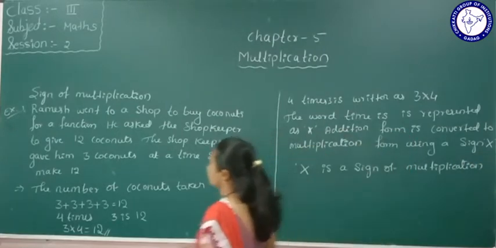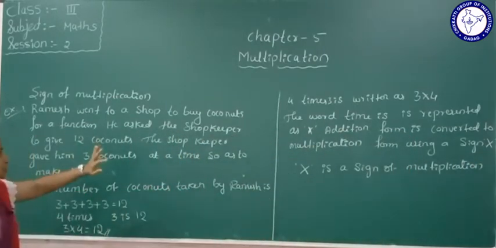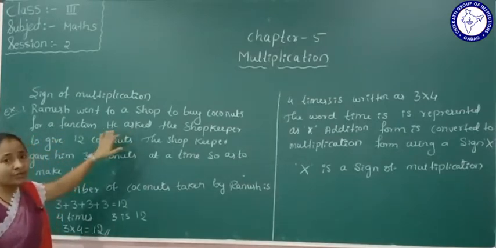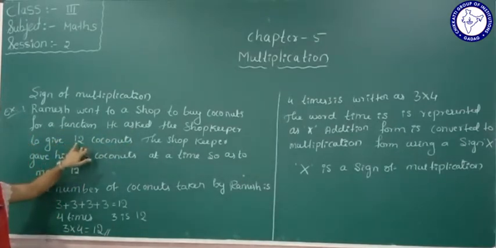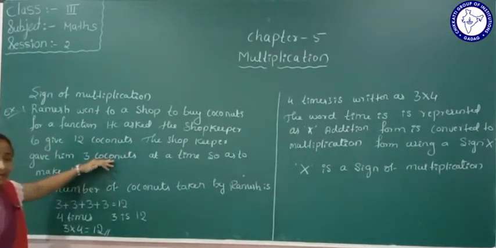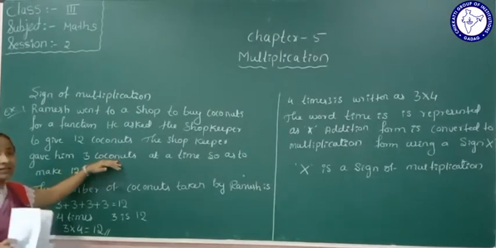Yes, students. So Ramesh went to a shop to buy coconuts for his function. He asked the shopkeeper to give 12 coconuts. The shopkeeper gave 12 coconuts, 3 coconuts 4 times.